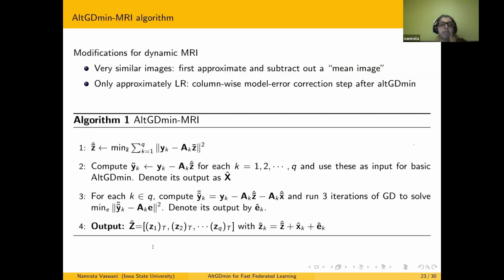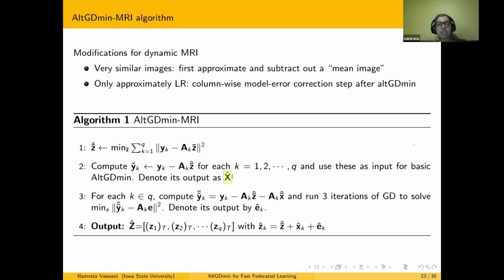The modifications we made for MRI were that we introduced 2 extra steps, one before RGD-Dmen and one after RGD-Dmen. The before step was, I said, I have a mean image that I want to subtract out before I do any low rank modeling. So I'll solve this joint optimization problem, recover my z bar hat, compute the residual y tilde k, which is y minus A times the z bar hat subtracted out, and use this as an input to the Orgy-Demon algorithm.